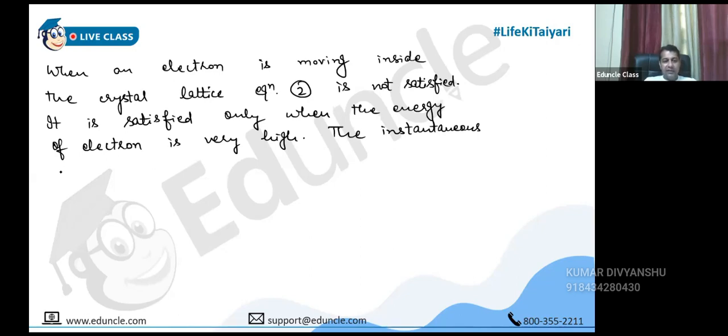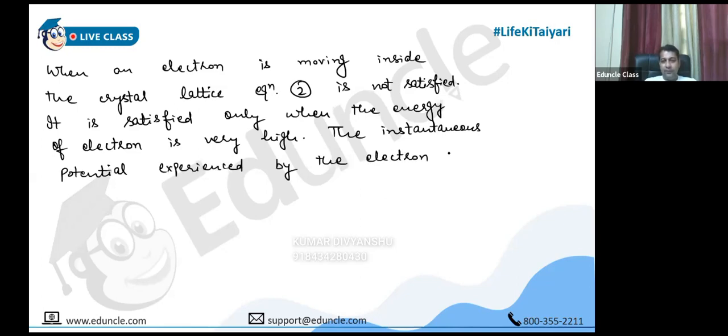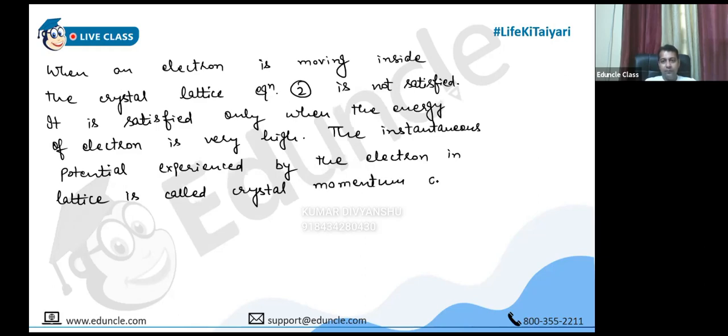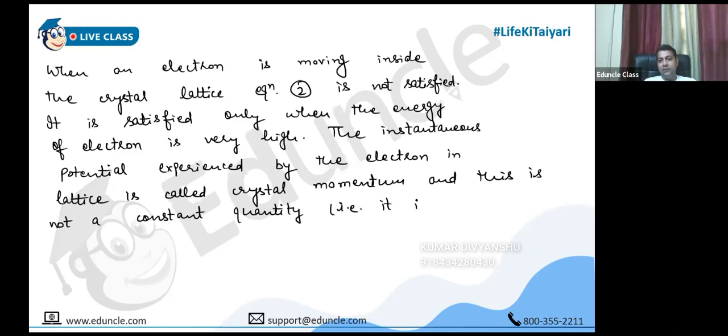And the instantaneous potential experienced by the electron in the lattice is not a constant quantity. It is variable. It means the electron is experiencing different potential at different positions inside the lattice.